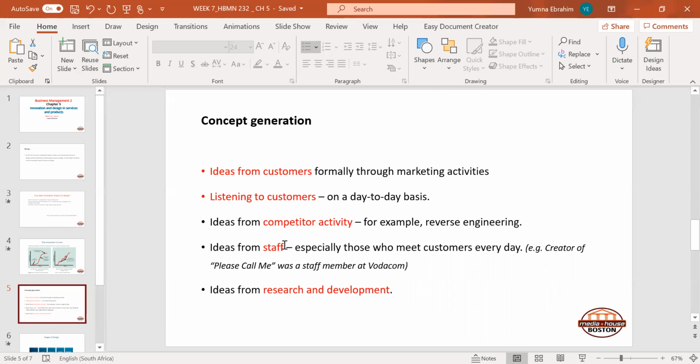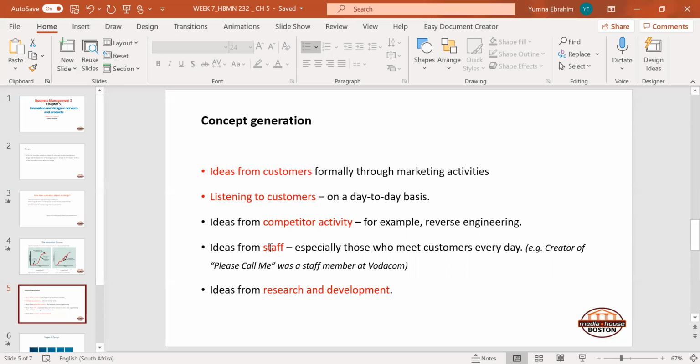You can get ideas from your staff. I put in a little example here. I'm sure many of you have heard of the Please Call Me service, and that was created by a staff member who worked at Vodacom at the time. That staff member is still trying to sue Vodacom for stealing his idea, and is trying to get them to pay him what is due to him for creating that idea.